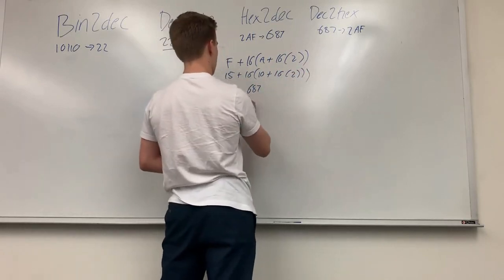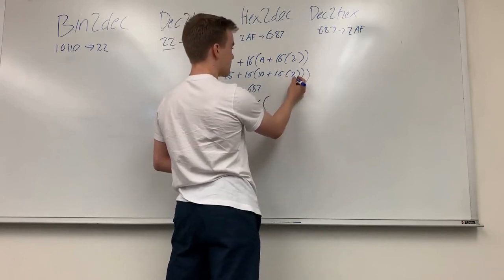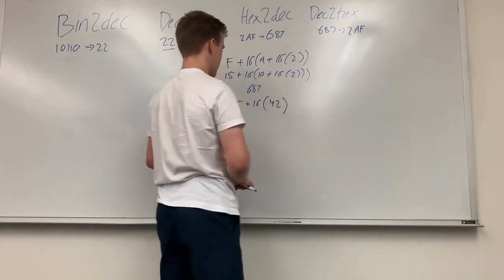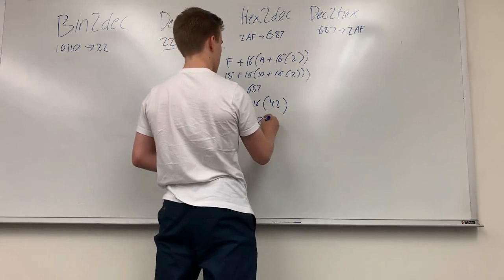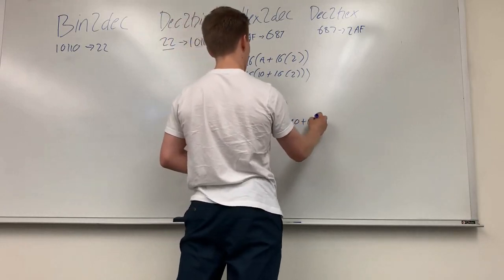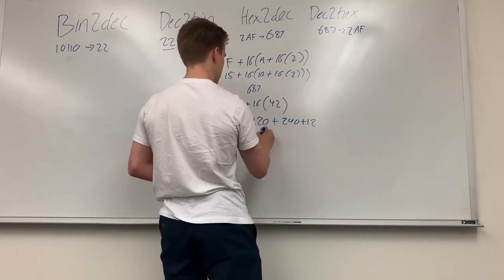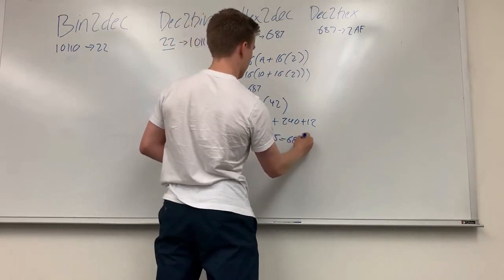I'll say 15 plus 16 times 2 is 32, plus 10 is 42. I can get out my calculator. Well, 16 times 42 is 672, plus 15 equals 687.